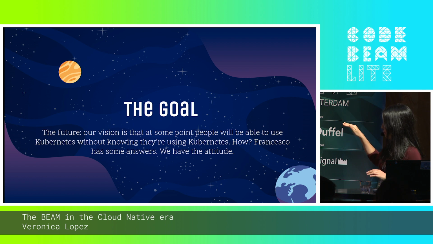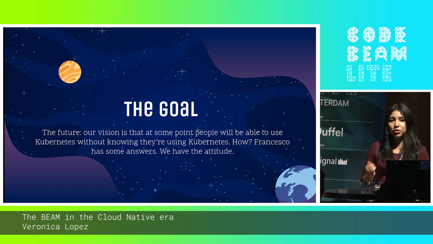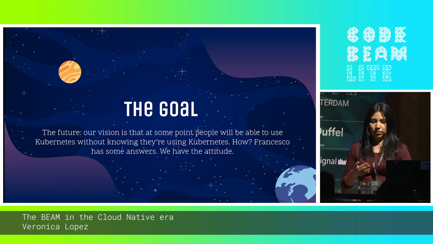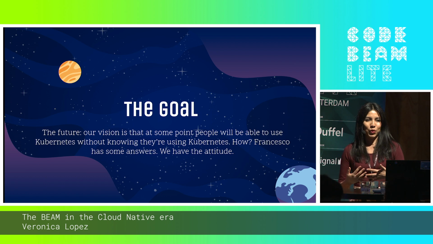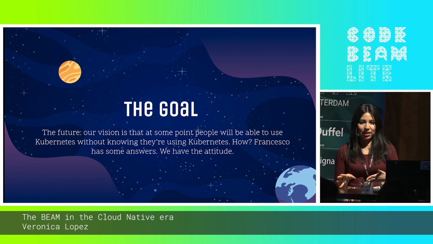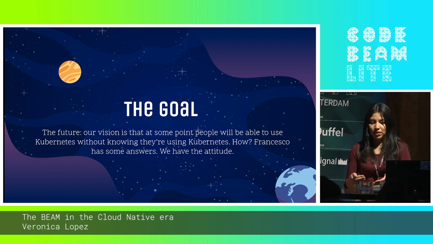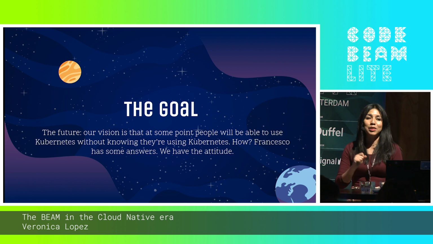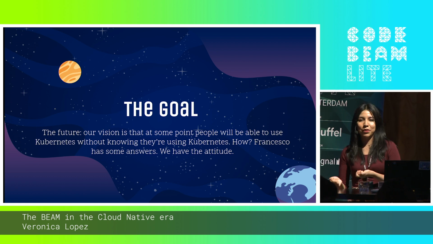So, to go a little bit deeper on this concept, our vision is that at some point people will be able to use these tools without knowing they're actually using them. Let's go back to the point where I said that companies' selling point is making the Kubernetes experience easier for people.